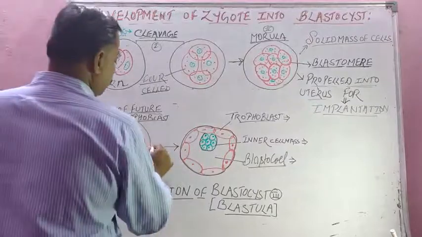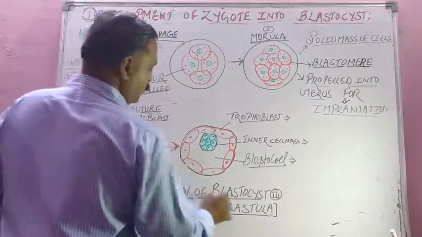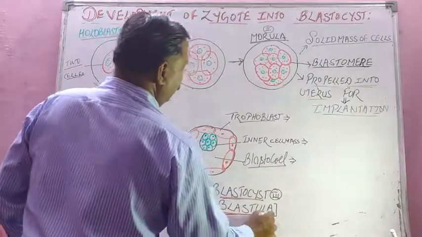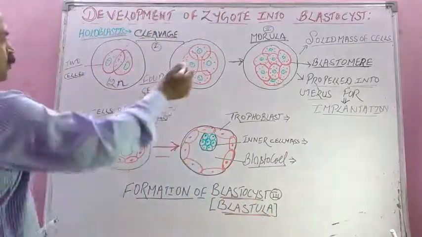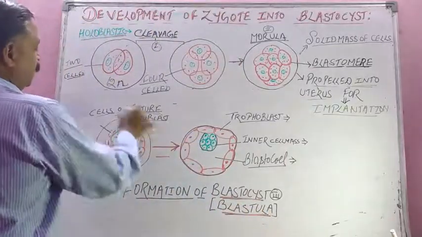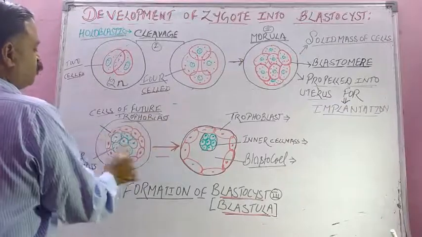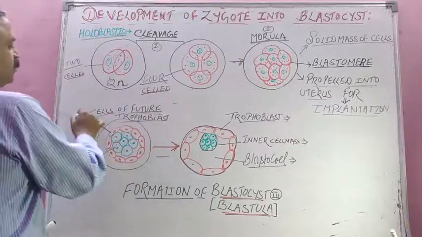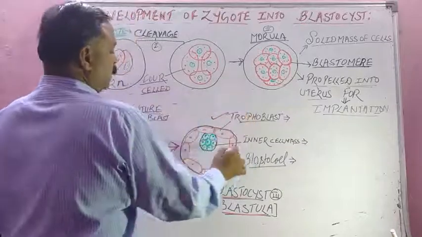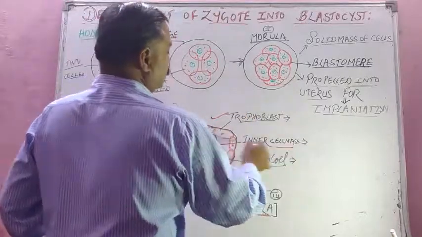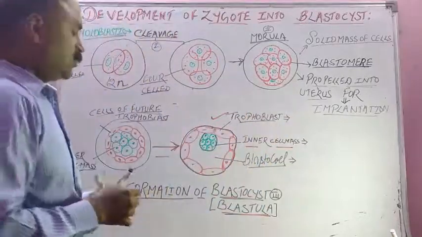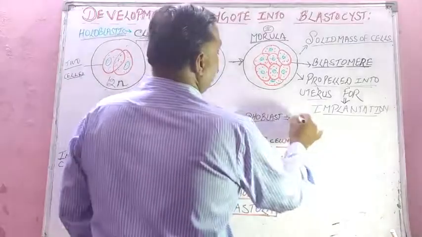And the last but not the least, that is your blastocyst or blastula. As I told you, the dynamic rearrangement of blastomeres gives rise to two layers. Outermost is called trophoblast, and the inner is called inner cell mass. Now what is trophoblast? Student, trophoblast is a feeding layer.